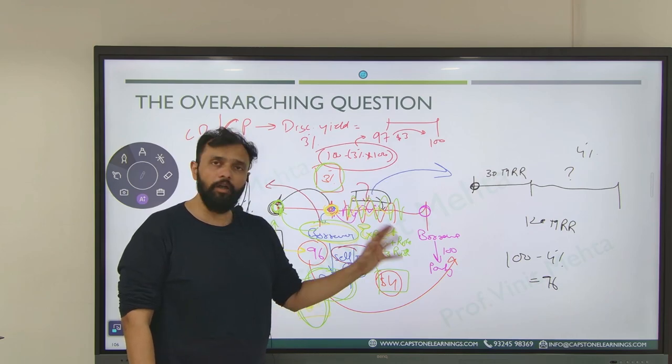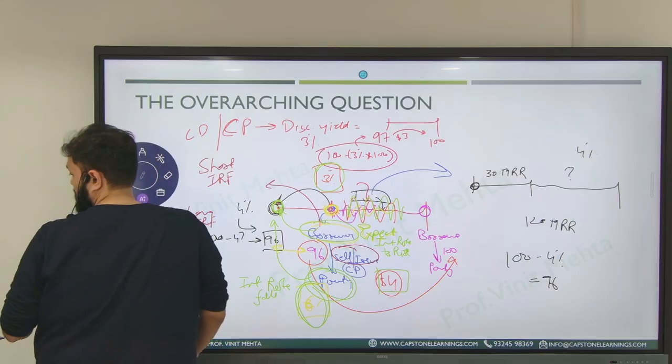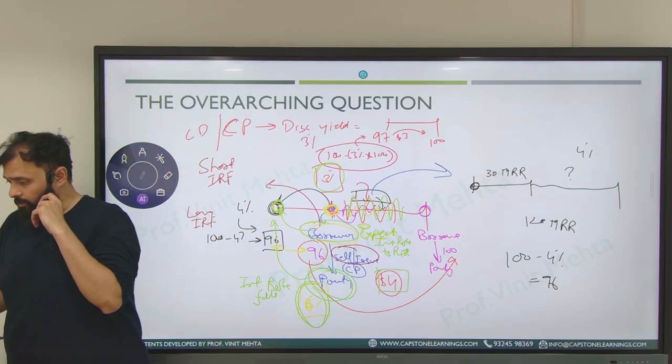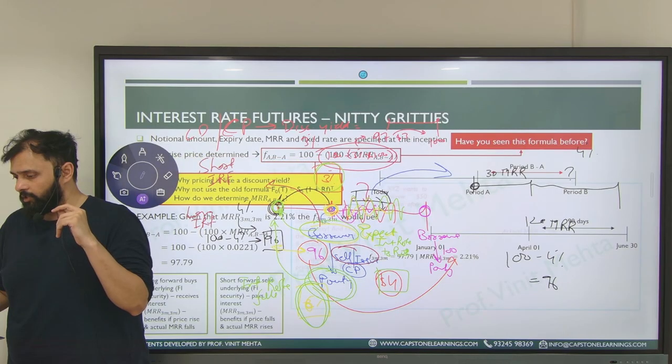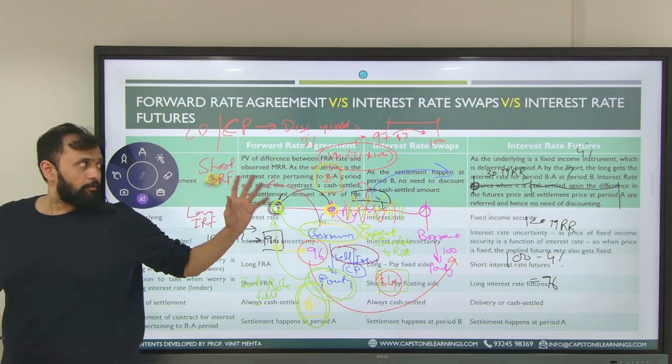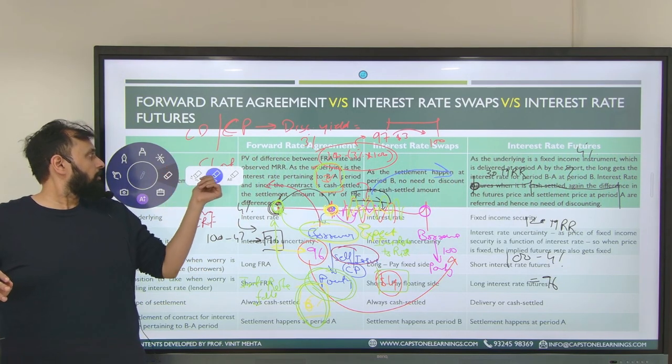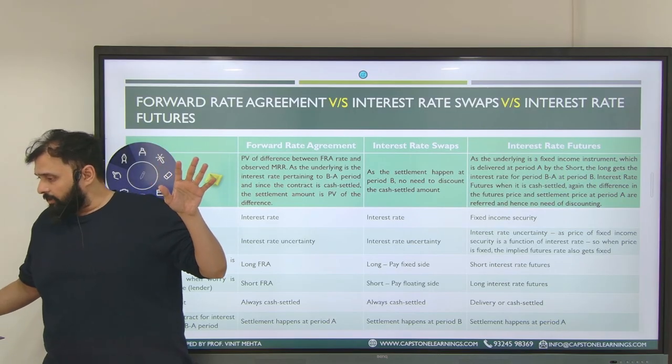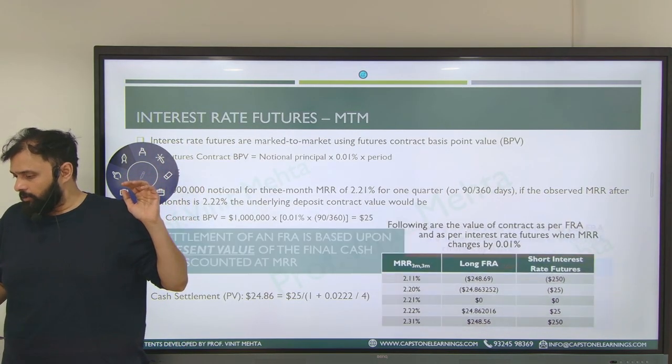So this is all about interest rate futures. There's one thing I want to highlight because people tend to get confused here. This is the difference between FRA and interest rate swap, IRS. I'm going to talk about that a little later. I'm just trying to prove one point.